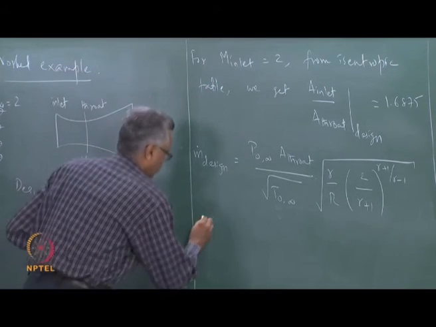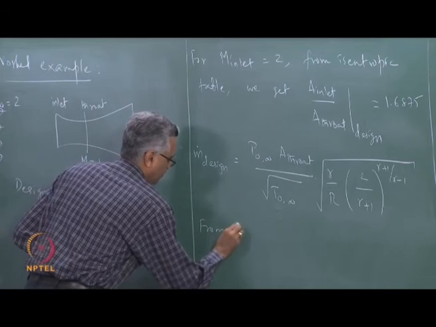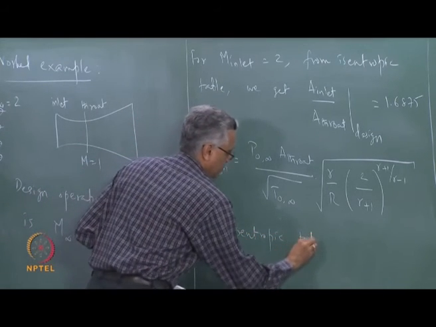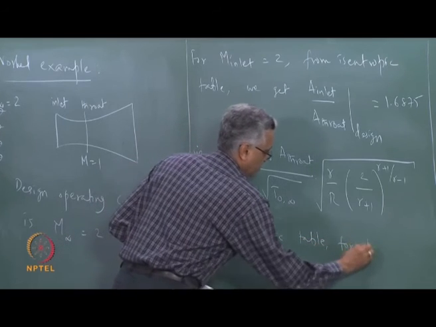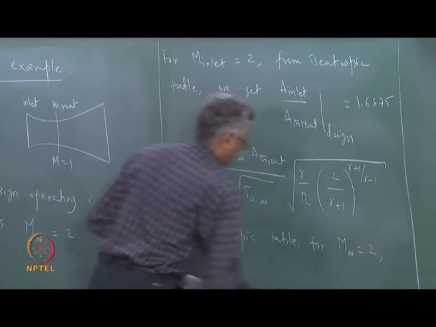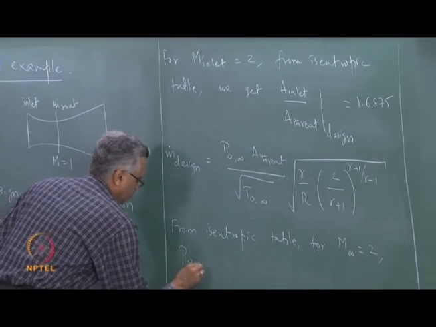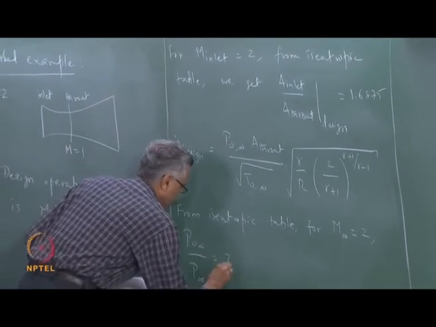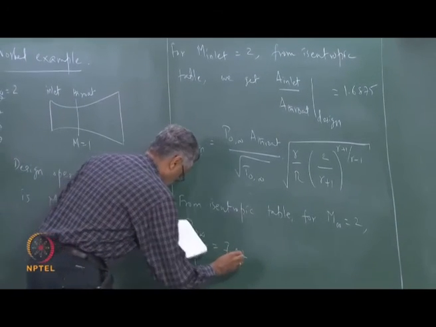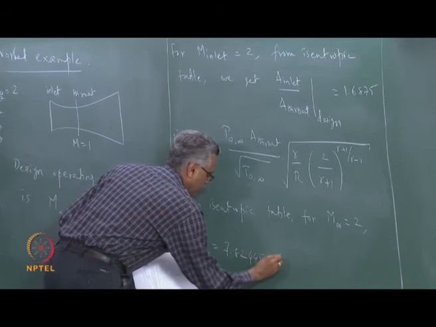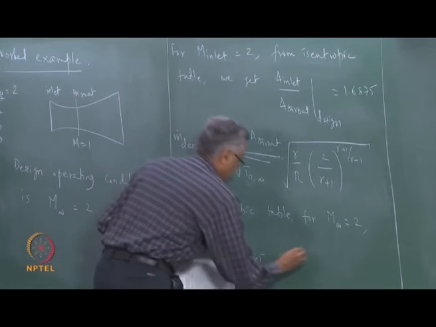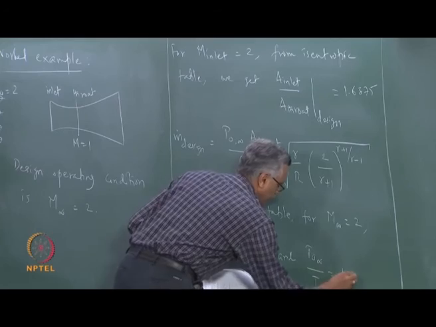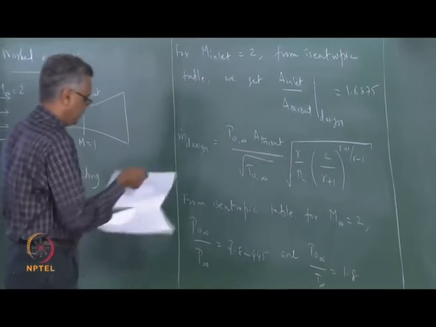So, from isentropic table for m infinity equal to 2, I can retrieve the following quantities: P0 infinity over P infinity is equal to 7.82445 and T0 infinity over T infinity is equal to 1.8.